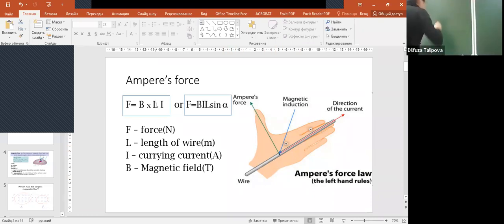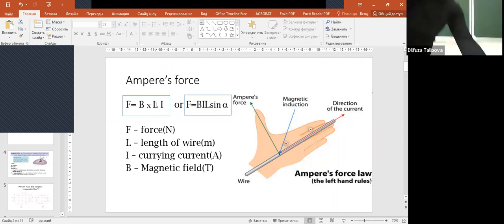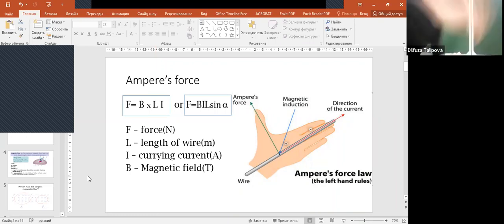Okay, so if we have such a wire, the current I is carried by the wire, and the length of the wire is, let's say, L.